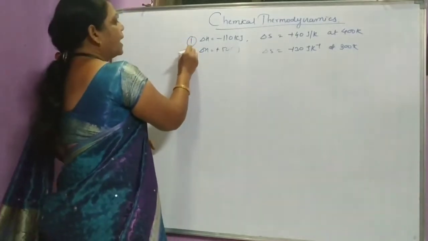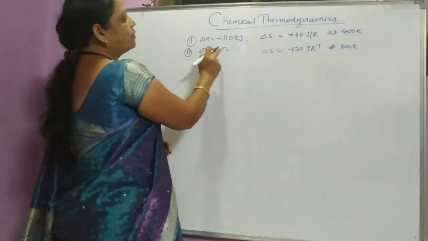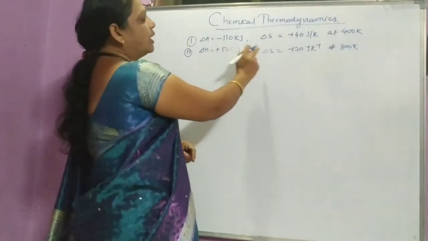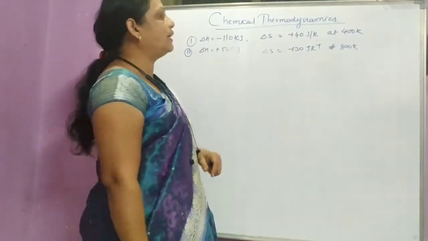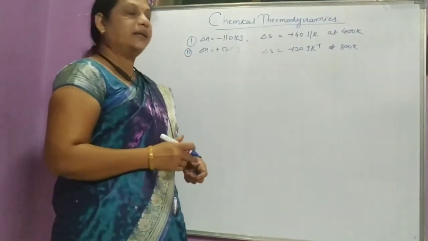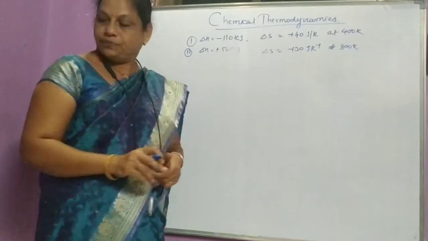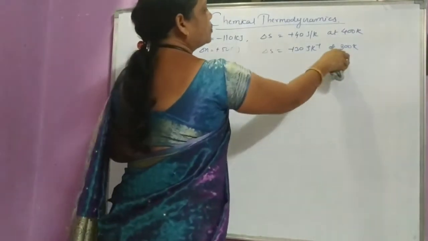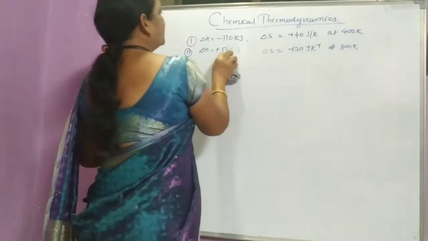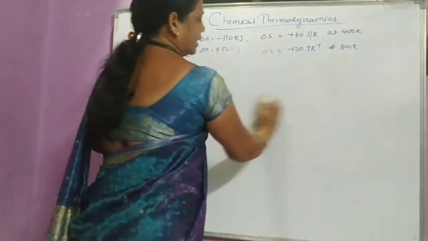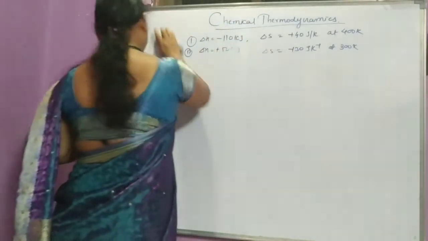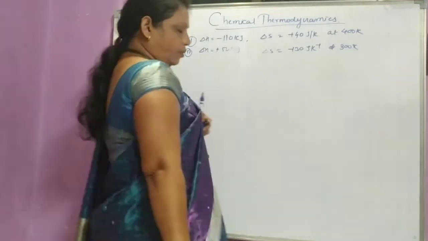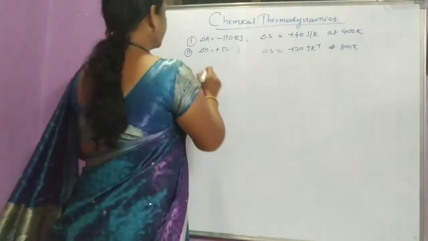And the second one, del H is equal to plus 50 kilojoule and del S is equal to 130 joule per Kelvin at 300 Kelvin. In our textbook the temperature is 250, but here I take 300.